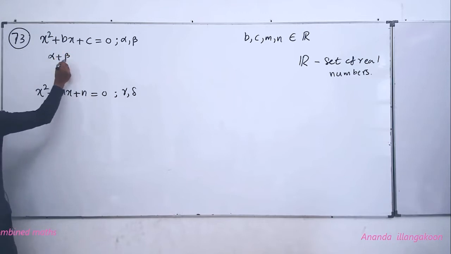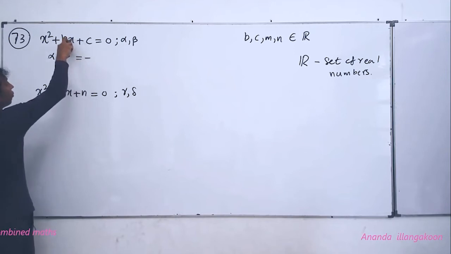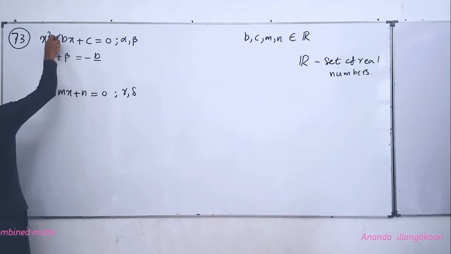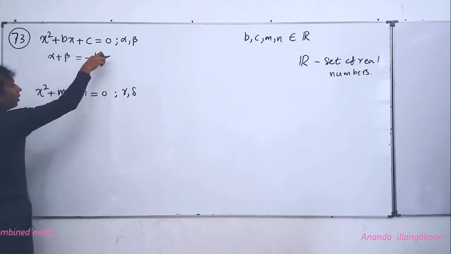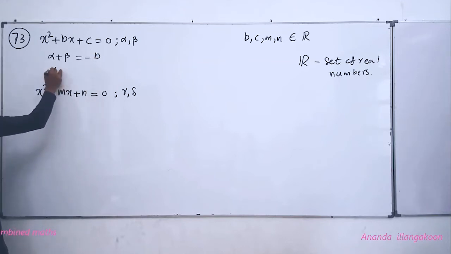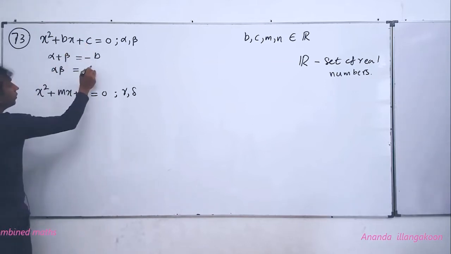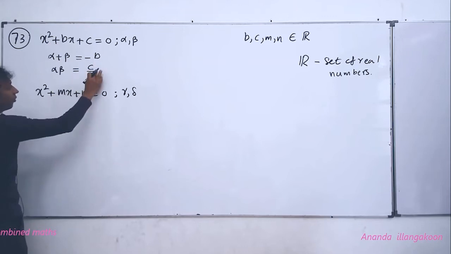The sum of the roots, people, is given by what? Minus x coefficient, b, divided by x squared coefficient, here 1. This we have divided by 1. b divided by 1 is b, then we get minus b. Right? Product of the roots, alpha beta, people, is the constant divided by the x squared coefficient 1. c divided by 1 means c.